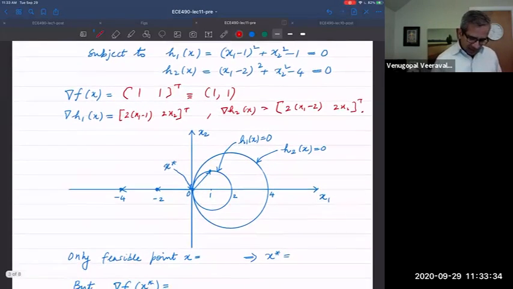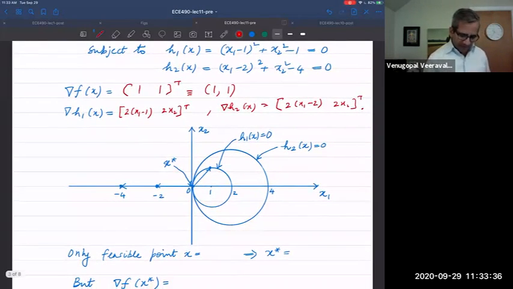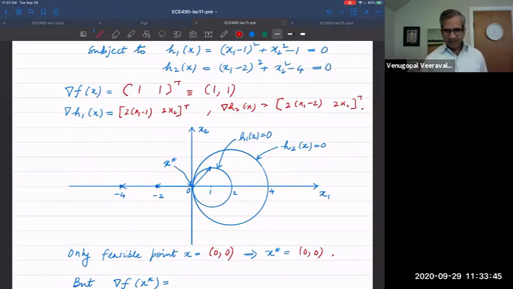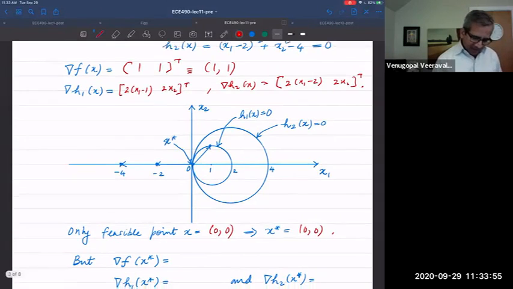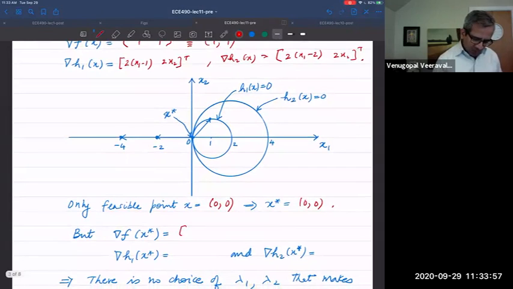As we said, there's only one feasible point, which is 0, 0. So x star is 0, 0. That's the solution of the problem. But let's look at the relationship between the gradient of f at x star and the gradients of the h's. The gradient of f at x star is just 1, 1.